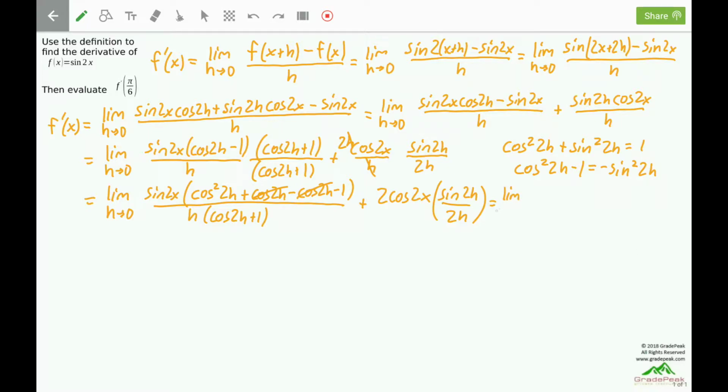So we have the limit as h goes to 0 of sine of 2x times negative sine squared of 2h all over h times cosine of 2h plus 1, plus 2 cosine 2x times sine of 2h divided by 2h in parentheses.